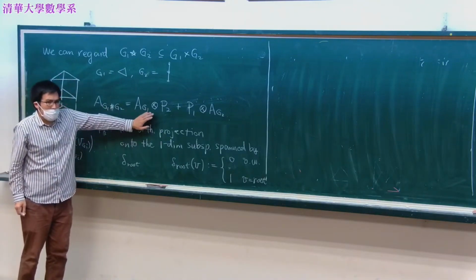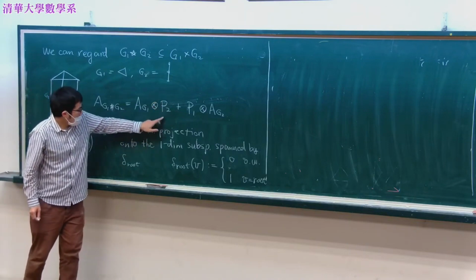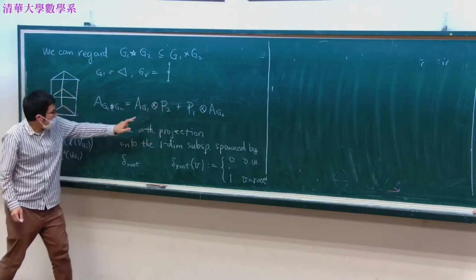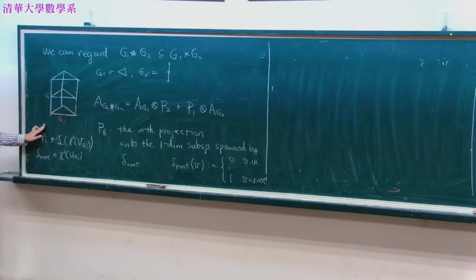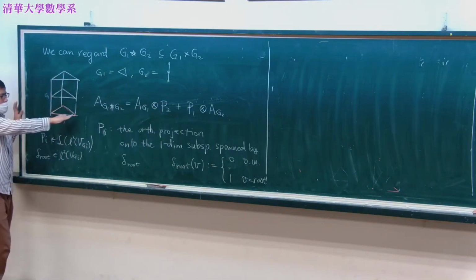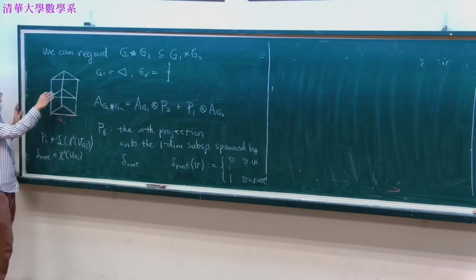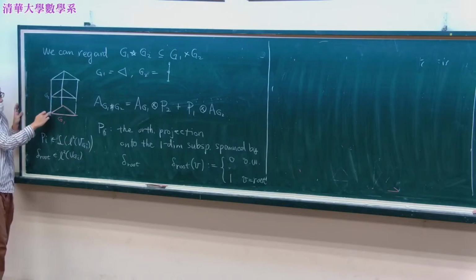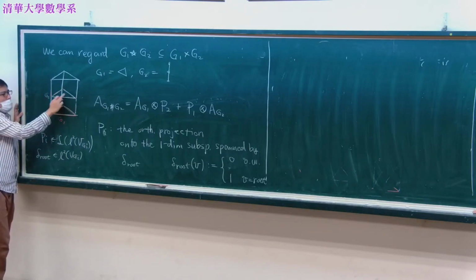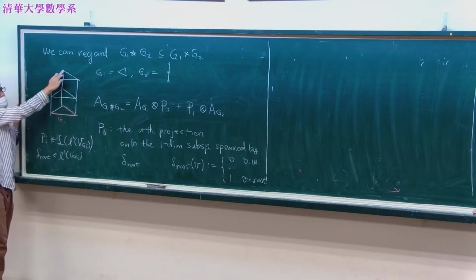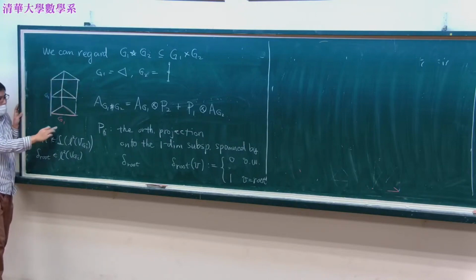And the meaning of this formula is, this is a projection onto the root. So this means among these 3 G1s, only this one has its vertices connected. Remember that the star product is also this and this, those 2 parts. This is a star product. And those 3 points are disconnected. Those 3 points are also disconnected. And only those 3 points are connected.